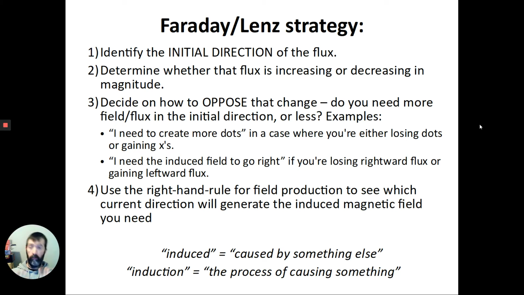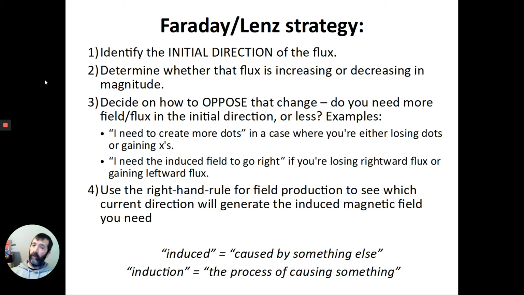So I have many more examples of this. So this is the basic strategy. You need to first figure out what direction the flux is even going in the first place. Often that's going to be either in or out of the screen, but it could be like left, right, down, up, diagonal, something like that. But identify that initial direction.